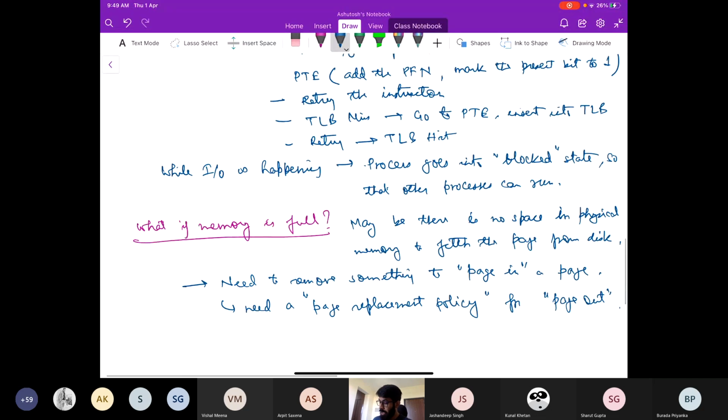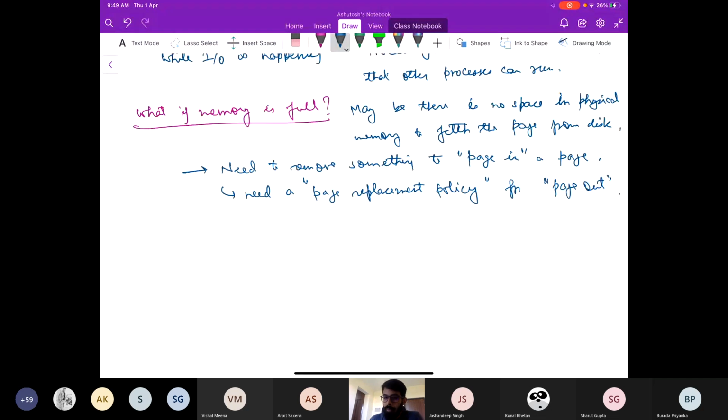And these policies are really important because these things can make a lot of difference in speed, so we'll see an example. For now, just remember that the decision is important as it can make a huge difference in performance.